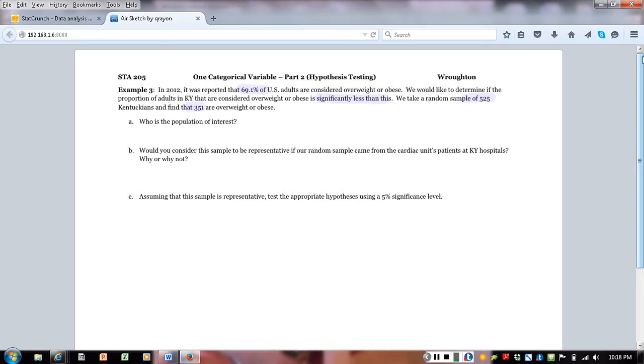So I've kind of highlighted some key things. Let's write down what these are. So this is telling me what it is for the entire United States. That's going to be our P, our 0.691. We want to see if it's less than this. So that's our goal.